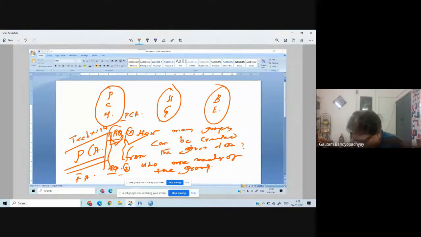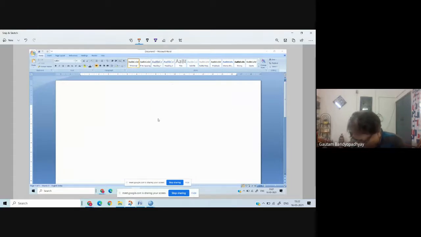Okay. Now, what is PCA? PCA means principal component analysis. Suppose there are 7 variables, say x1, x2, up to x7. If we take 7 variables, they are called random variables. They can take any value. And in mathematics, they are called a set of vectors.